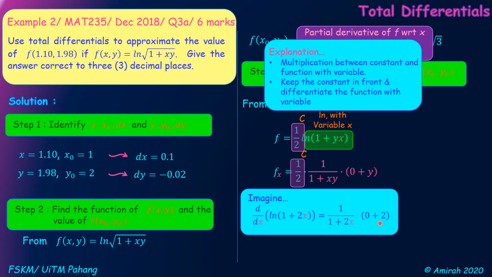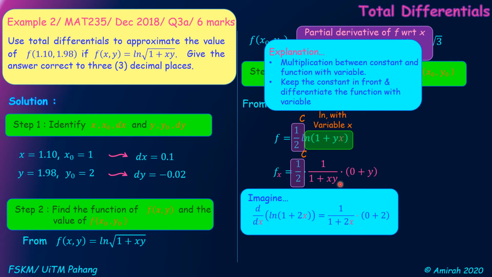The same goes for the derivative of ln(1 plus yx). After we differentiate ln here, we get 1 over (1 plus yx) or xy. If we differentiate ln(1 plus 2x), we get 1 over (1 plus 2x). Means, if we differentiate ln(1 plus yx), we get 1 over (1 plus yx).